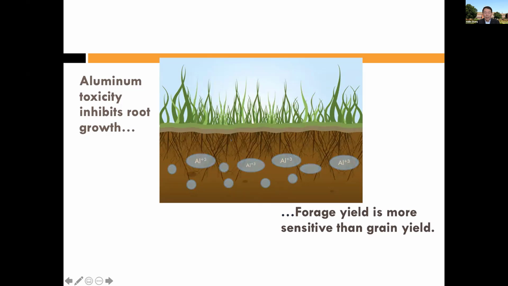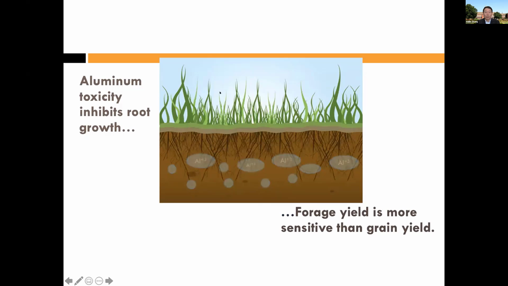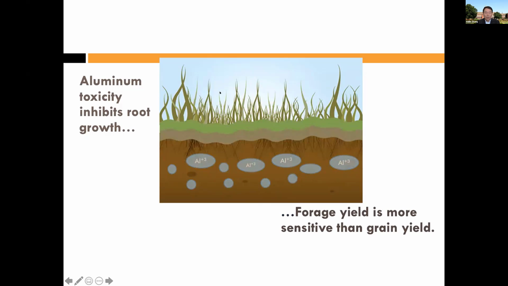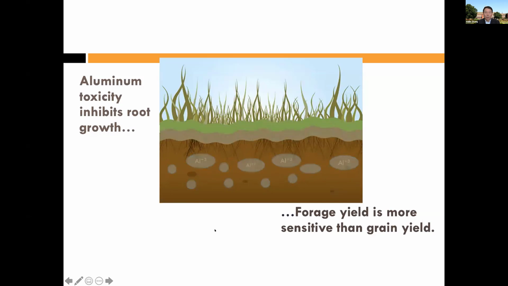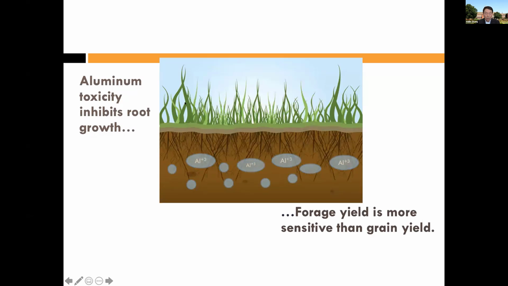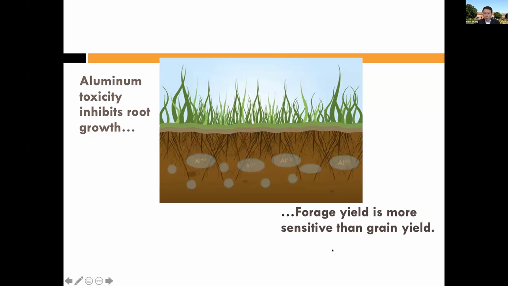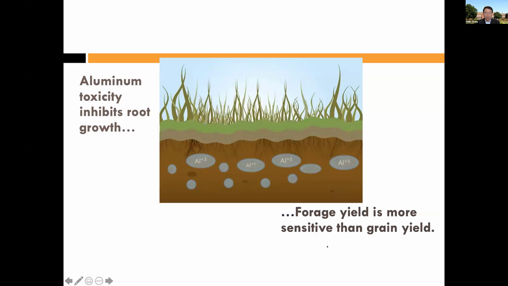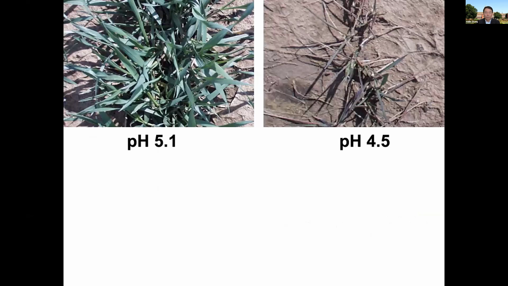So this is how aluminum can affect not only below ground plant growth, but also above ground. Much research has found that when you have a low pH acid soil, grain yields will be decreased. The impact on biomass, the forage yields, actually is more than on grain yields. So I will show some examples in a little bit.